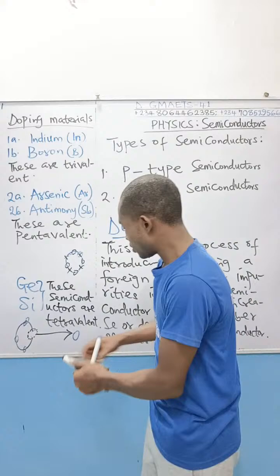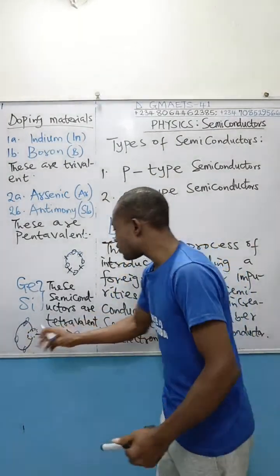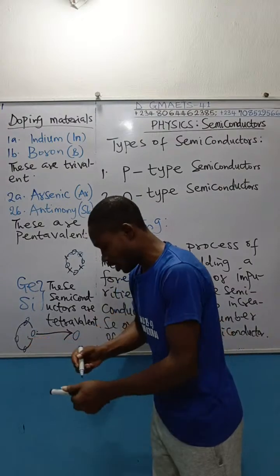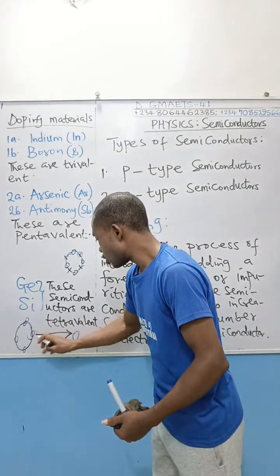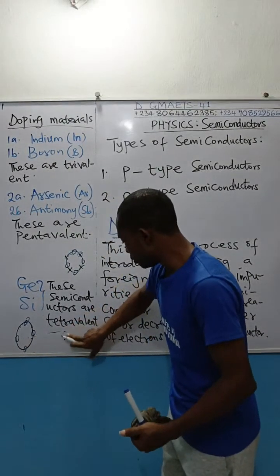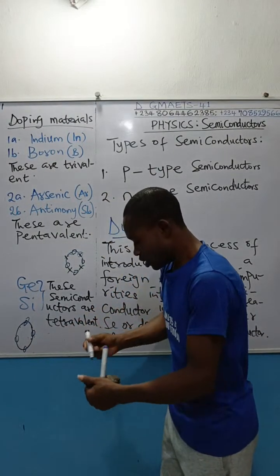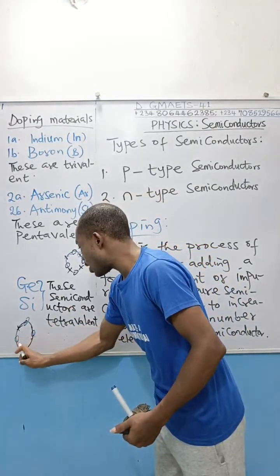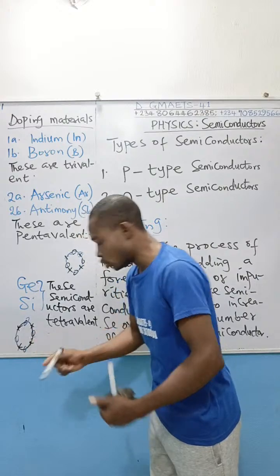Now, look at this case. You have this vacant space. Remember, originally you have electron here. Let me fill it up. Originally, you have electron there. In this pure state, you have 1, 2, 3, 4 holes.